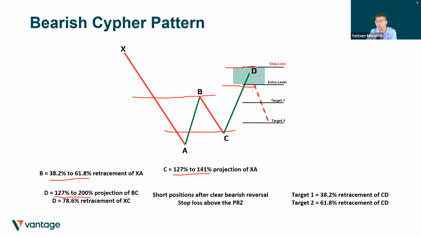So as usual, wait for a nice confirmation for short bearish reversal, stop loss above. Your target 1, 38.2%. Target 2, 61.8% of CD. Do screenshot this down before we continue. It looks the same, but once you draw it out, well, it might take some time.